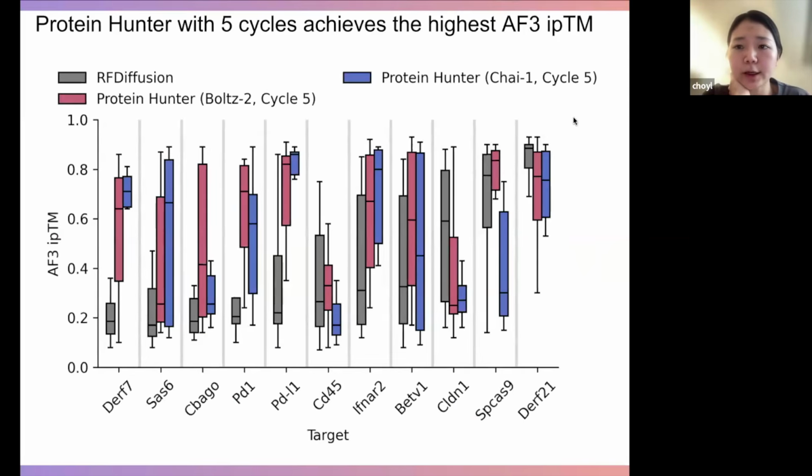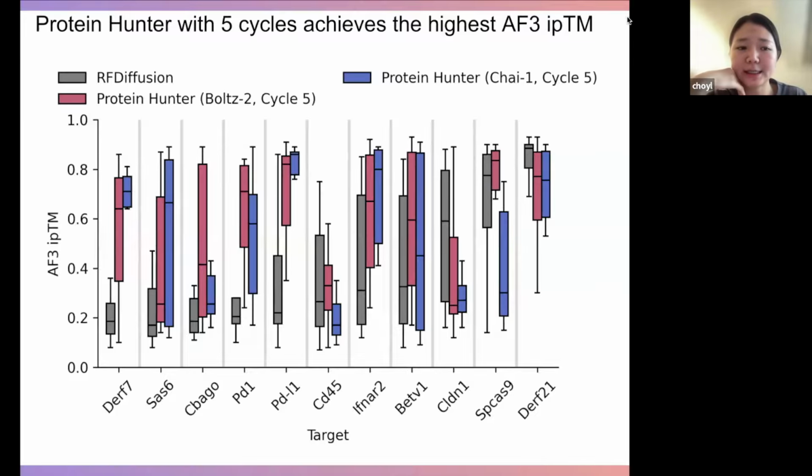Here we could achieve the highest success rate with the two models in the Protein Hunter setting, followed by Chai-1. And I found that AlphaFold 3 is less hallucinating than the others. I assume these models are purposely fine-tuned on disordered proteins and some bad designs. So maybe the model already learned not to hallucinate, which means it generates more disordered regions for random, low-confidence sequences.